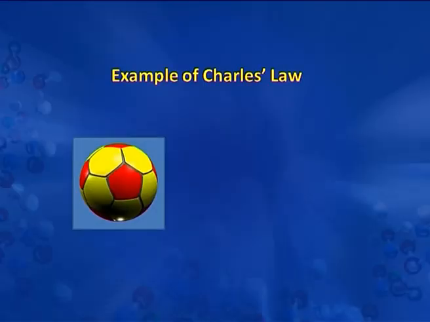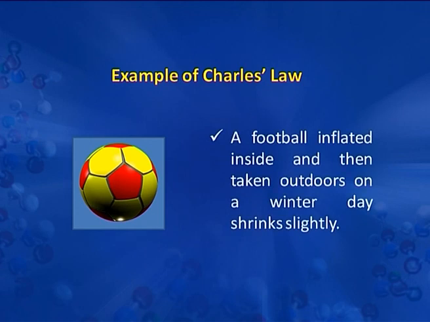Another example of Charles' law is a football. A football is inflated inside, and when we take it outdoors on a winter day, what will you notice? You notice that it shrinks slightly. Why? Because the temperature is low.